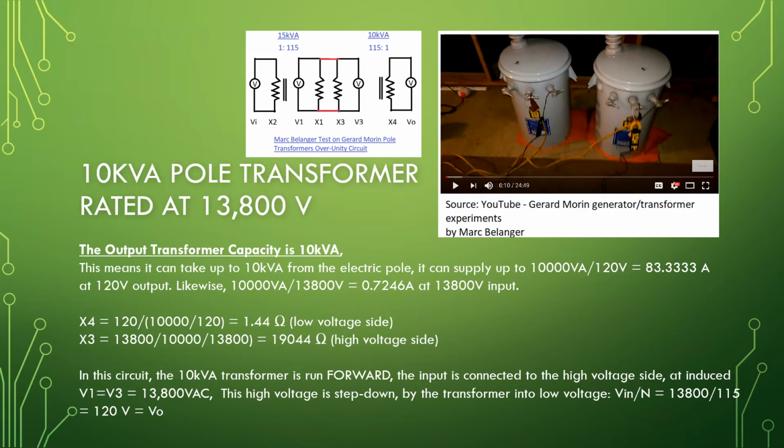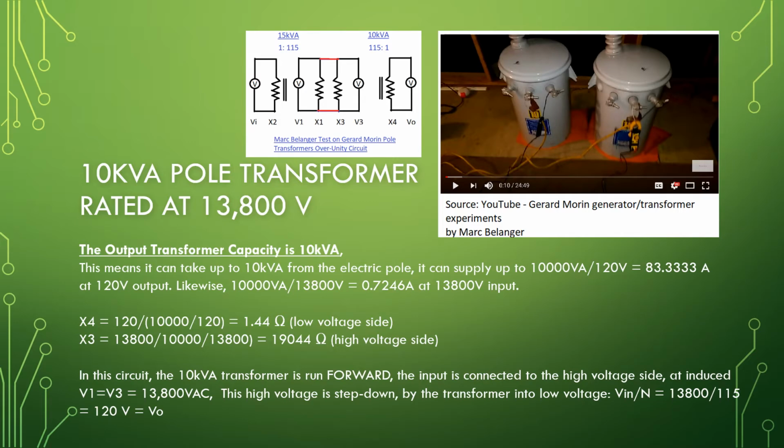In this circuit, the 10 kVA transformer is run forward as a normal step down. The input is connected to the high voltage side, so V1 equals V3 equals 13,800 volt AC.